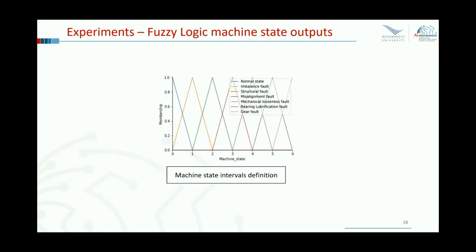Passing to the preparation of the fuzzy logic model, first we define the machine state intervals, and as you can see here we have all seven machine states from normal to gear fault: one normal state and six gear faults, and six failure modes.